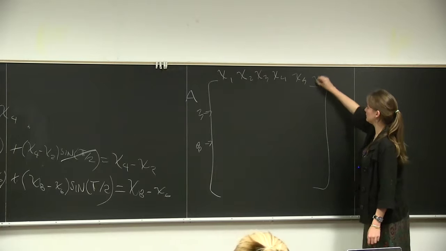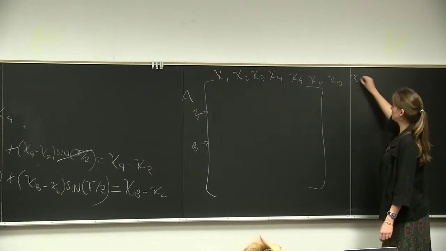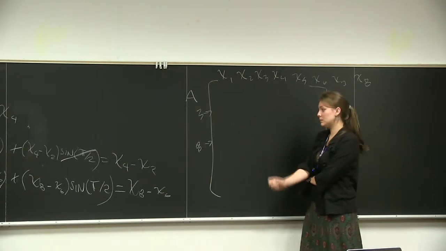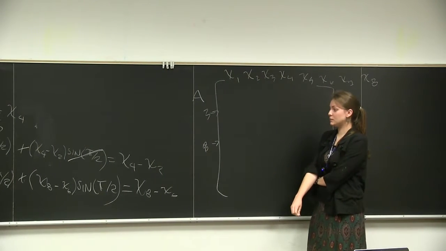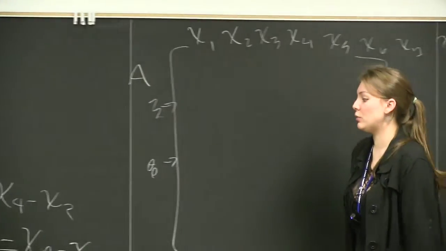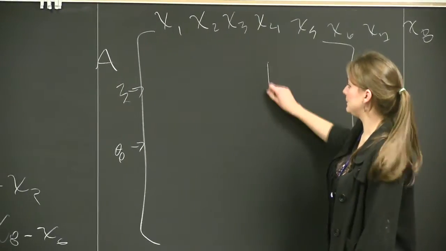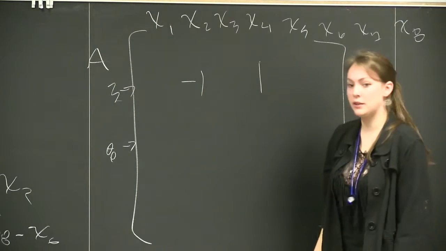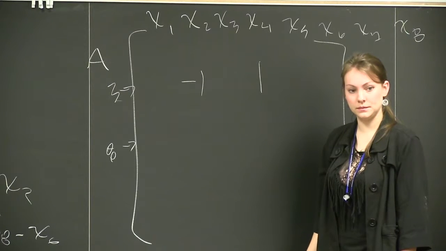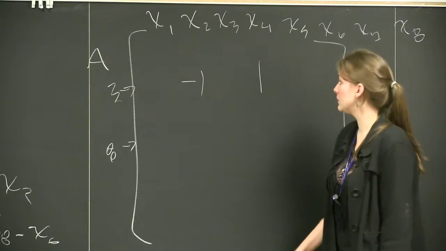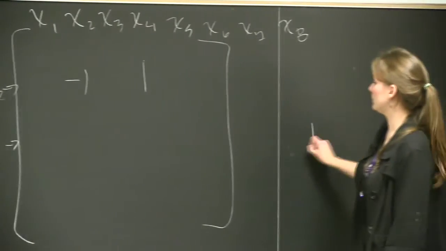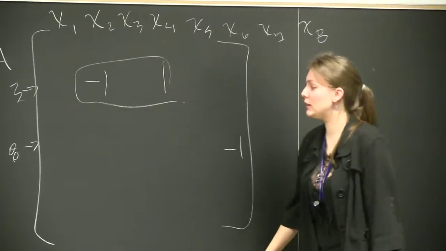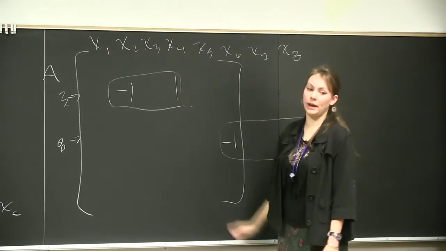For E3, we have a 1 in column 4 and a negative 1 in column 2. Okay? What about for E8? 1 in column 8, and then negative 1 in column 6. So you have this repeating block of 1 and negative 1 that are just separated by 2.